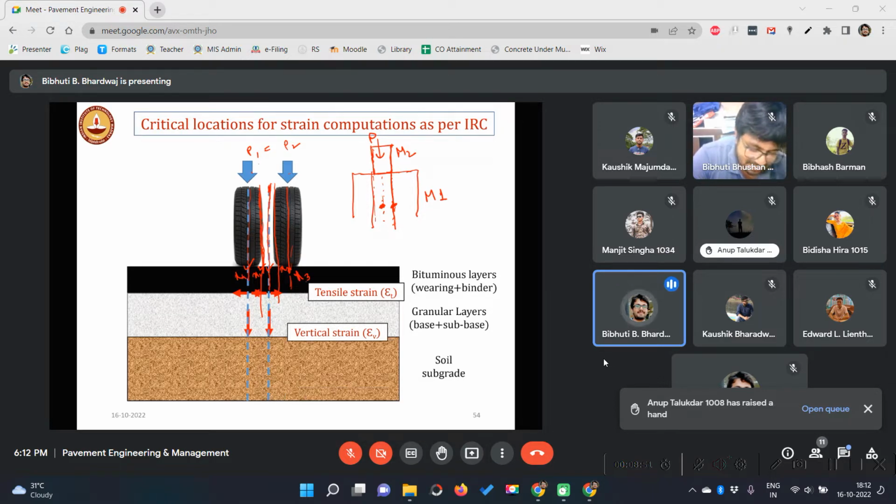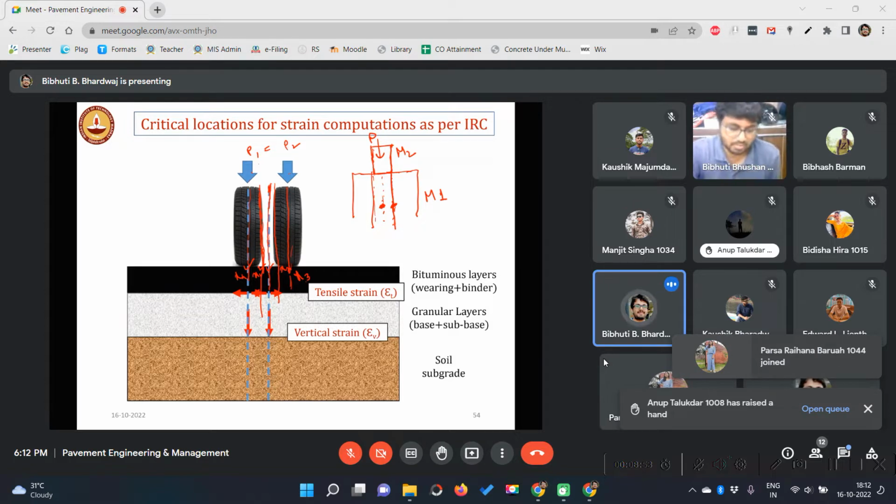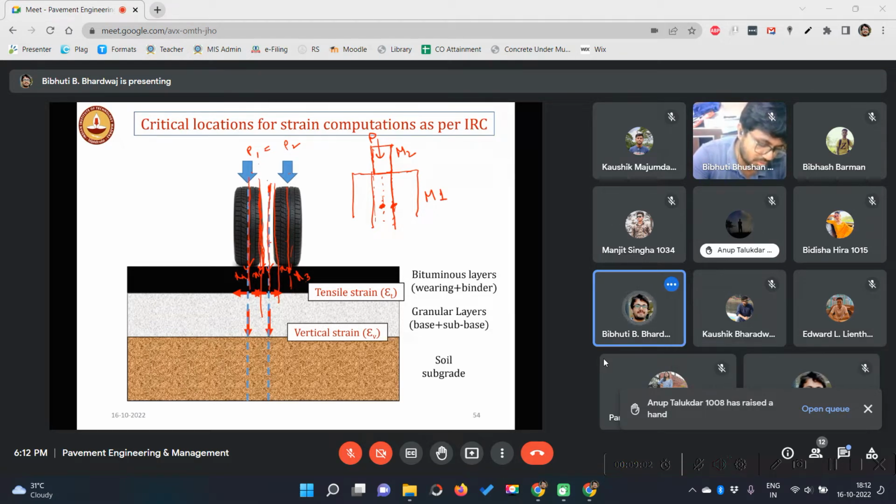So since this is a symmetric system, we don't have to calculate at all these 1, 2, 3, 4, 5 planes. We will simply consider these 3 planes, 1, 2 and 3. So I am talking about this x-axis.